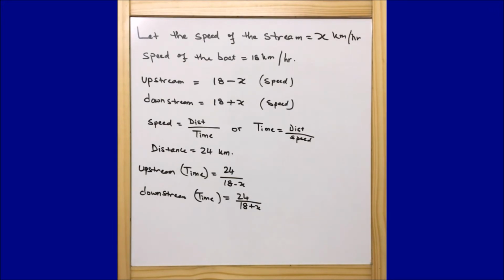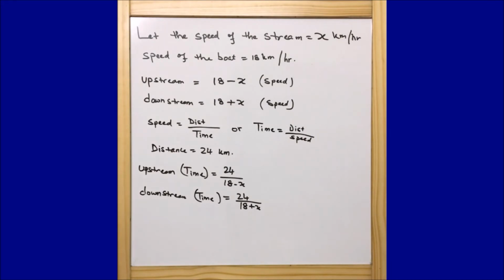Now what happens, time increases by 1 hour when it goes upstream than the downstream. So what I can write, time increases by 1 hour if it goes upstream, because the question has given a motorboat whose speed is 18 km per hour in still water takes 1 hour more to go 24 km upstream than to go downstream.